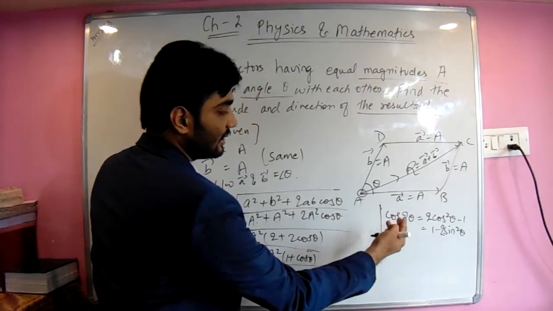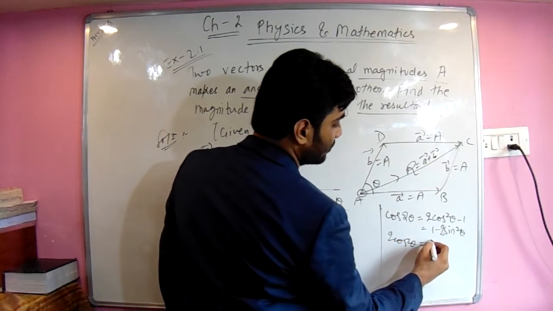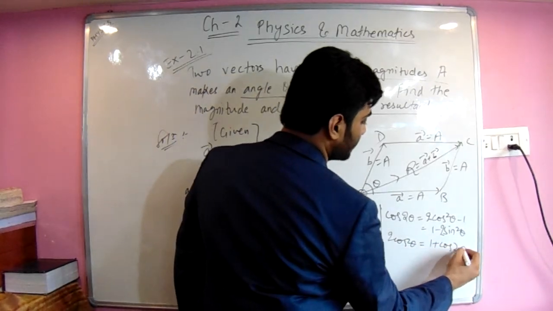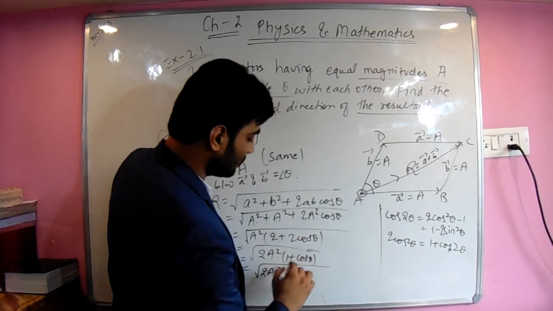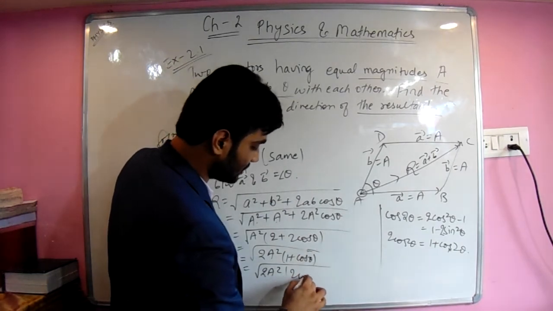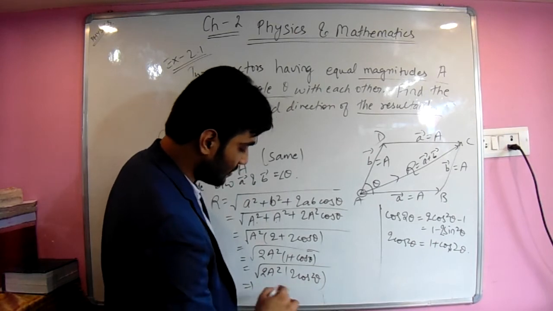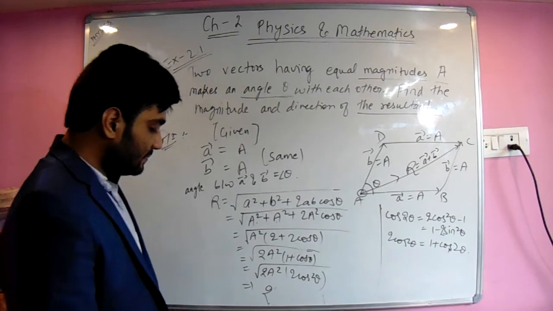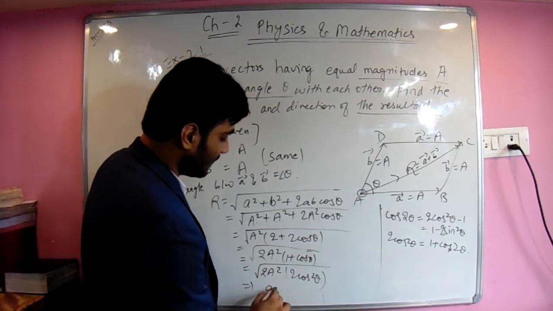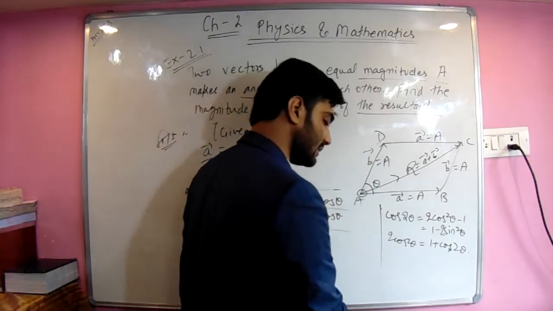So 2 cos squared theta is equal to 1 plus cos 2 theta. Then 2 into 2 is 4, which comes out as 2, and the final answer is 2A cos theta.